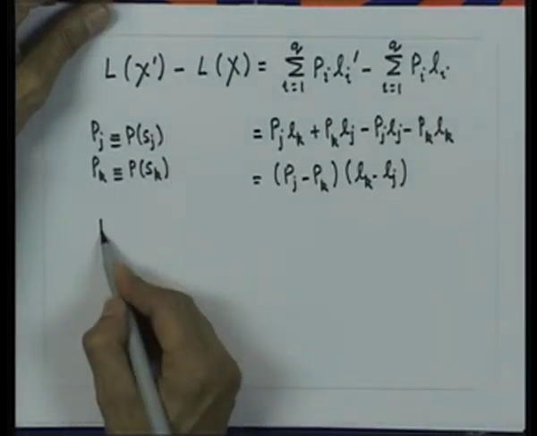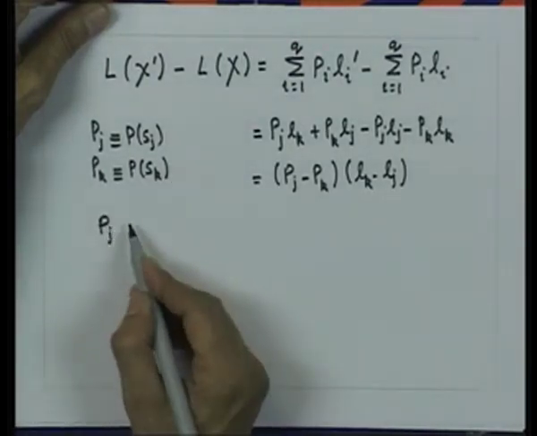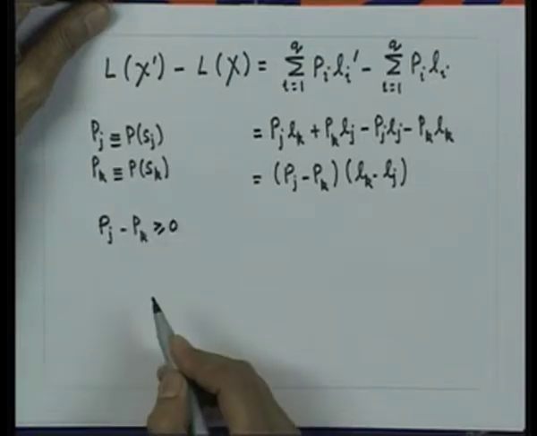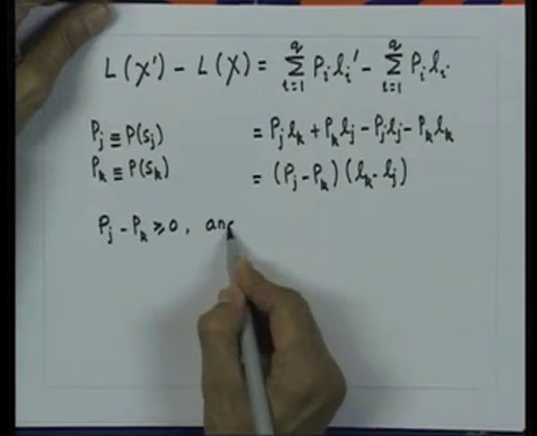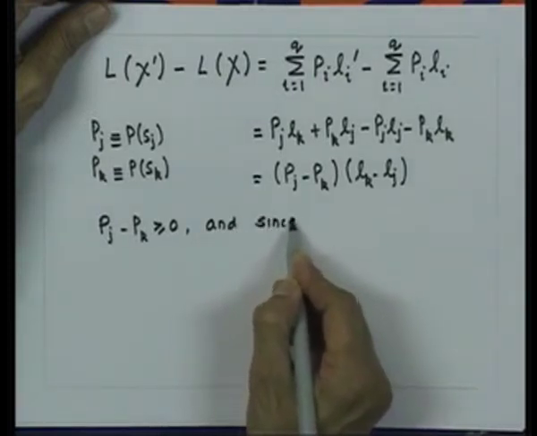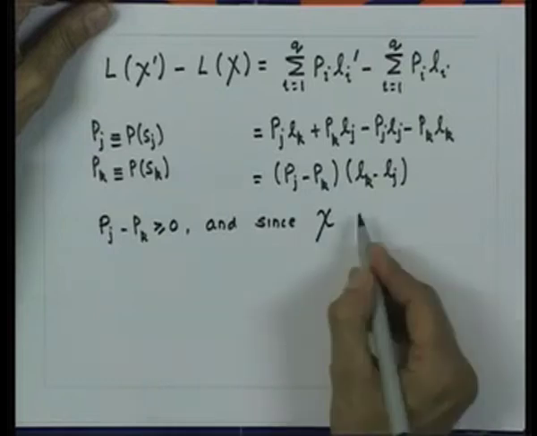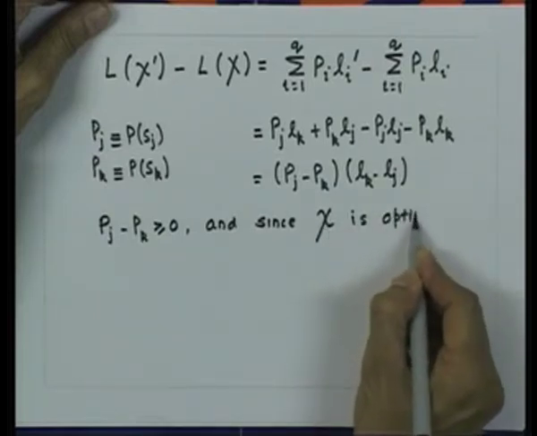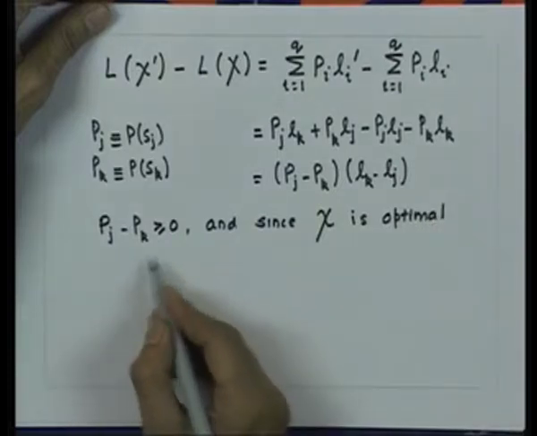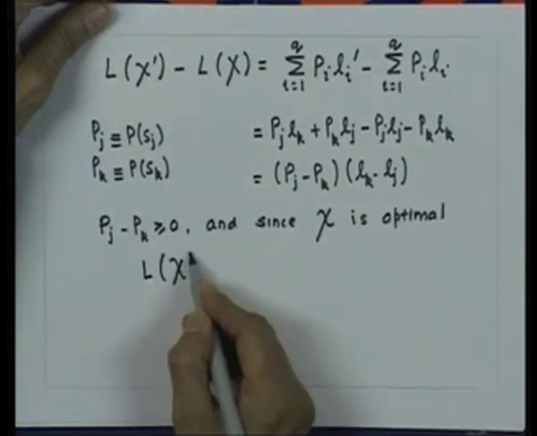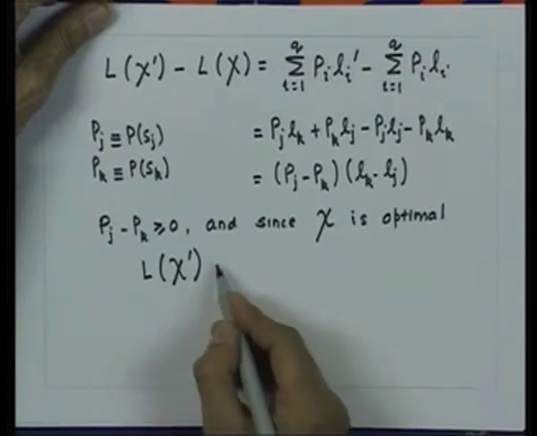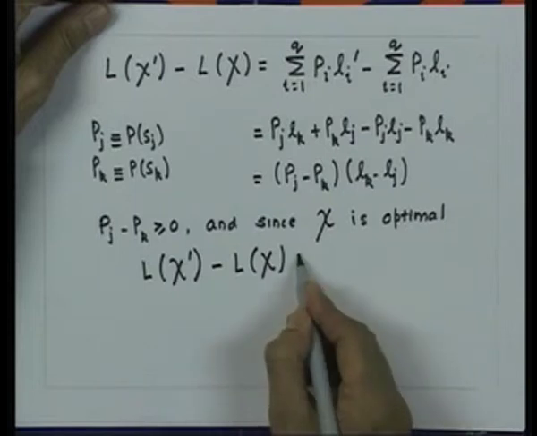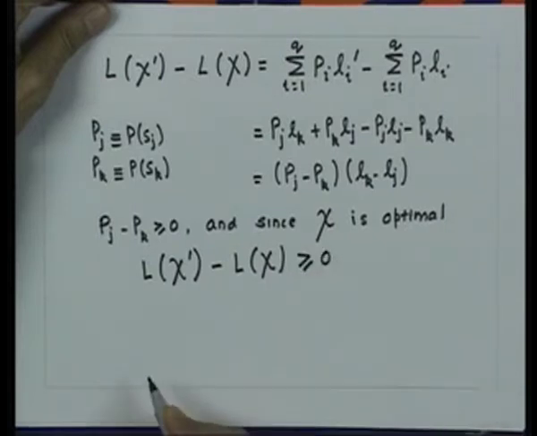Now, if we say that Pj minus Pk is greater than or equal to 0, and since code X is optimal, it implies that the average length of X dash minus the average length of X should always be greater than or equal to 0.